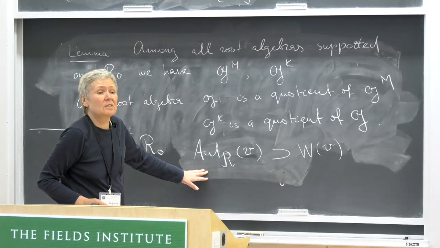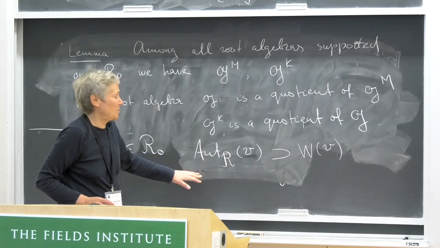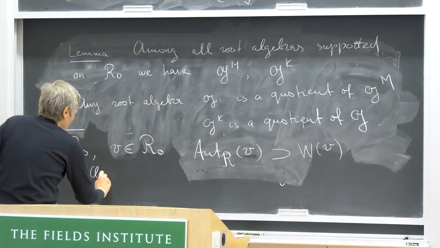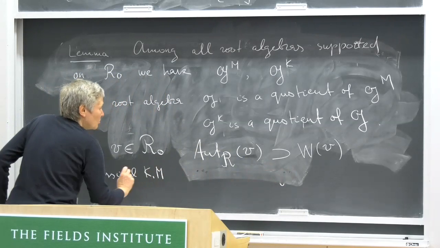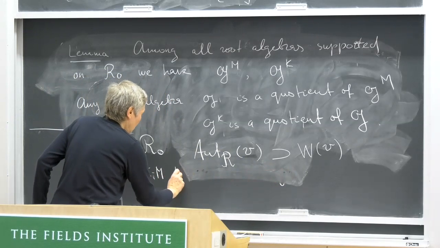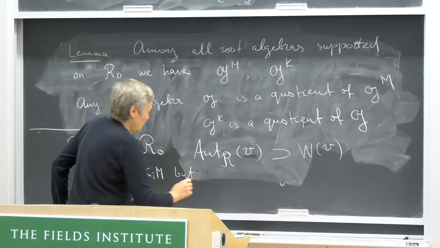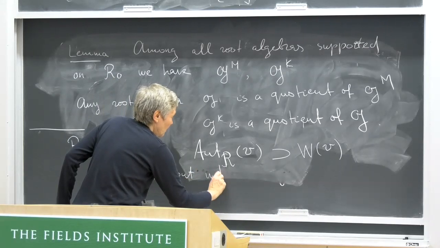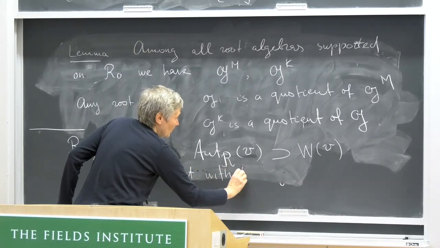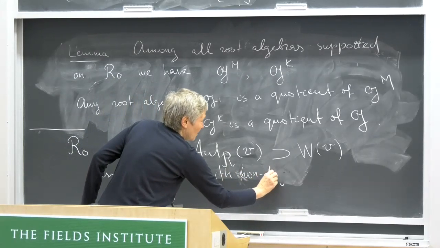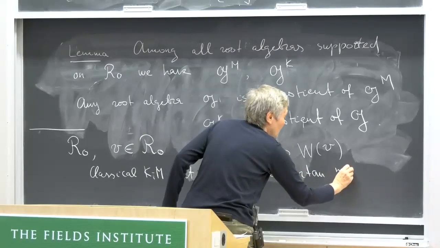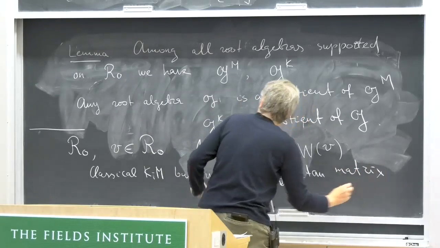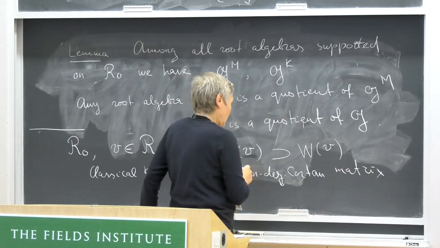There are cases when they coincide. For example, if it is classical Kac-Moody, but with non-degenerate Cartan matrix, then these two groups coincide.